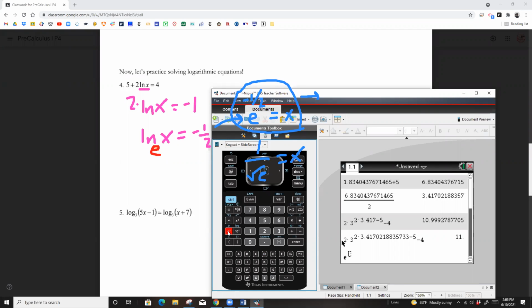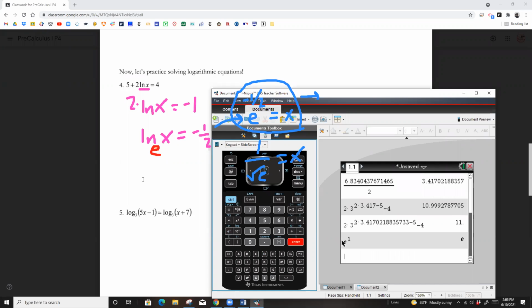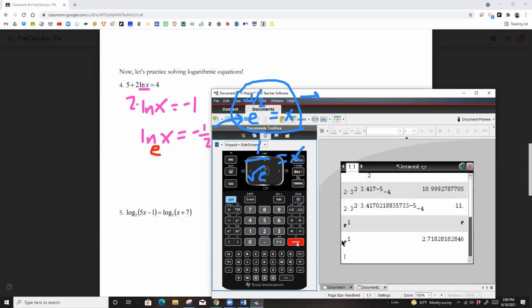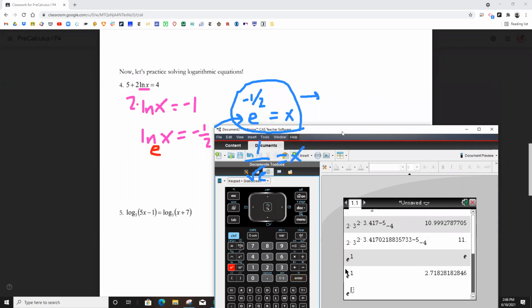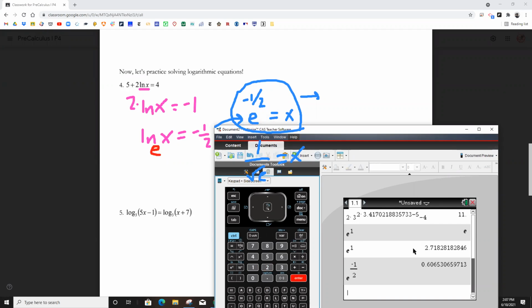So just hit E to the X. If I do E to the first, it's going to be silly and tell me E, but if I approximate it, it tells me it's around 2.7. So if I was actually doing this problem here, e to the -1/2, I would just type in -1/2, control enter, and we get 0.6. And you can plug that back in and make sure that it's close, all right, and it is.